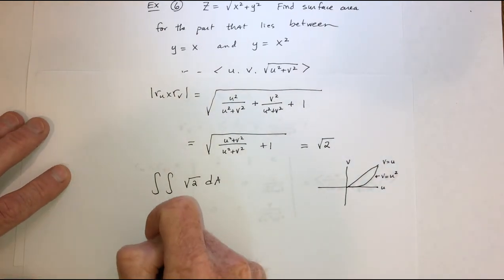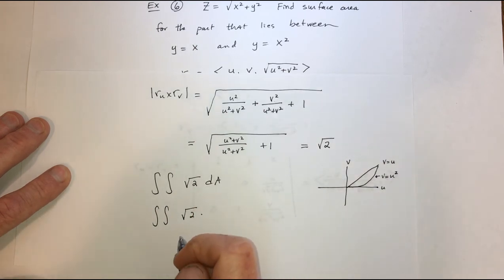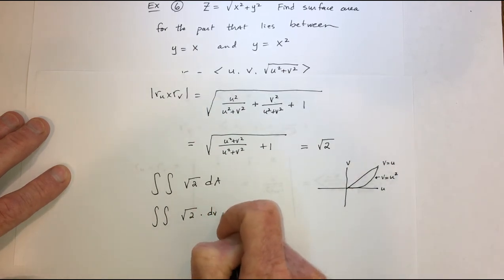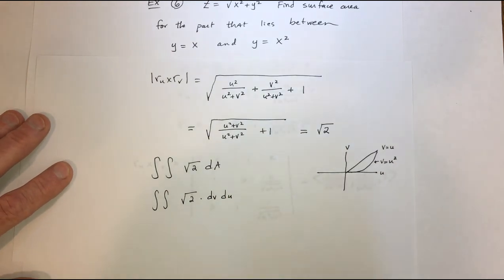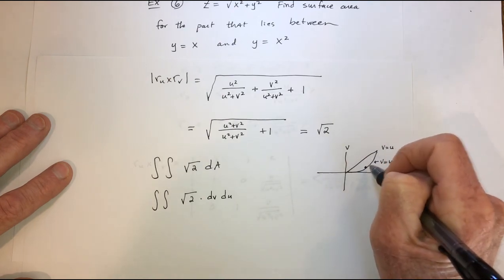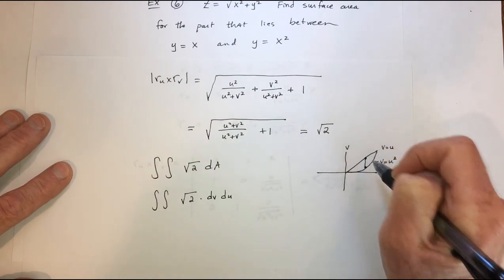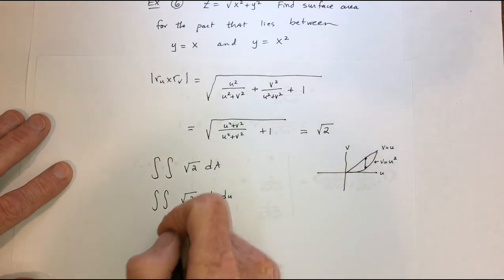So then this is going to be the double integral of the square root of 2. And then I'm going to do dv and then du. The v needs to go from here to here, so v is going to go from u squared at the bottom to u at the top.